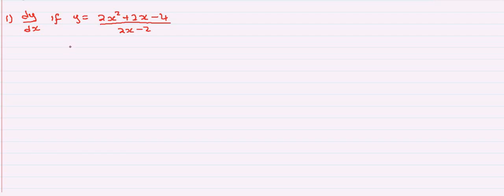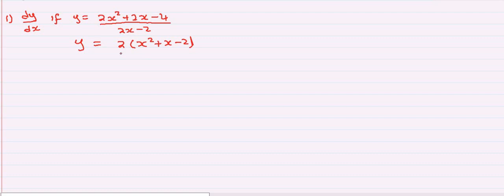In this case, we will need to factorize first before you find the derivative. Then we simplify. y will still be equal to the first method of simplifying: we factorize, and the first question is, do we have a common factor? Yes, we have a common factor of 2. We take 2 out as a common factor and we're left with x squared plus x minus 2 on the numerator.